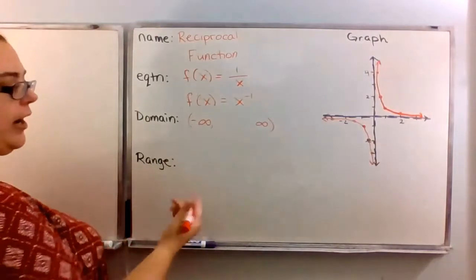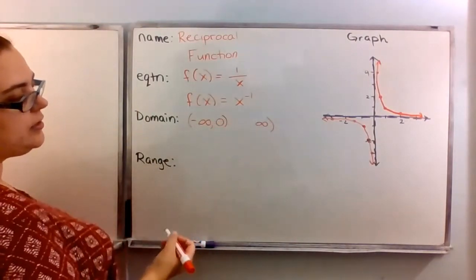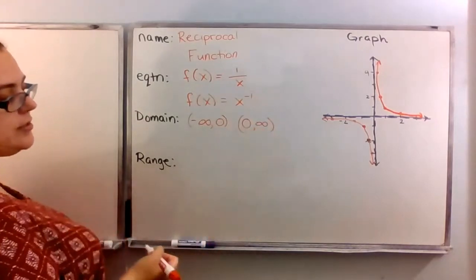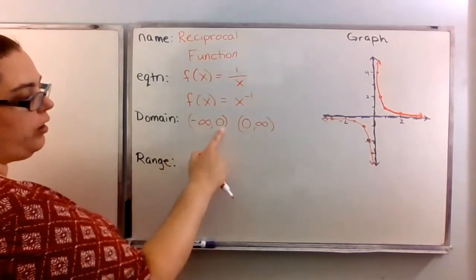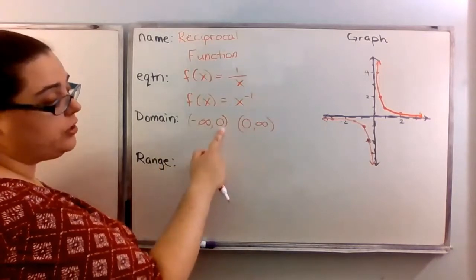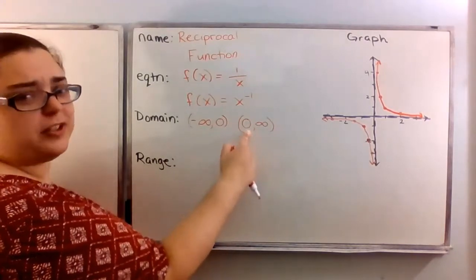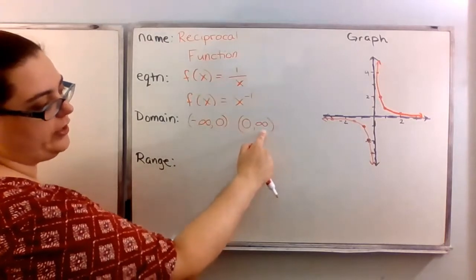So to indicate that break, I'm going to have 0, and then I'm going to use a parentheses. And then I can put a 0 here with a parentheses. So I start out -infinity, and I go all the way up to, but not including 0. And then I pick up right after 0, infinitesimally close to 0, but not 0, and move off to infinity.